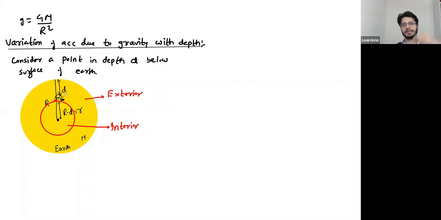So if you place a mass m in some depth d, you dig a tunnel and you put mass m inside the tunnel. So the force over this mass m is exerted by this interior portion only. This exterior portion will not exert force on this small m. So the small m basically divides Earth into two parts, one interior, another exterior.